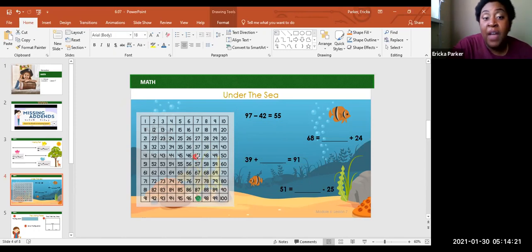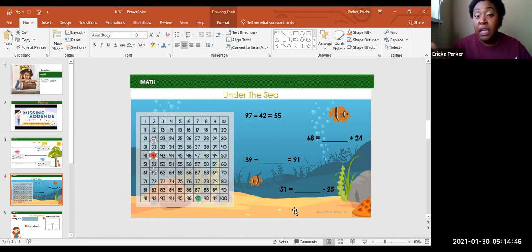So with me going back 5 tens, that means I also need to jump 5 back. So 1, 2, 3, 4, 5. So as you can see, we got 42 on the hundreds chart. We did the math and got 42. The answer is what? 42.